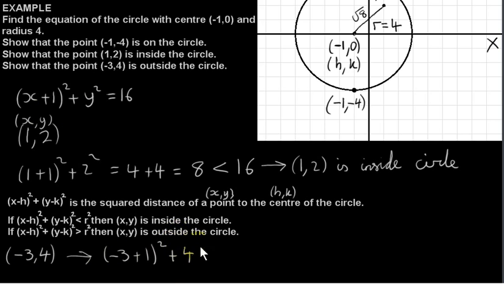For y we plug in 4. Let's calculate this. Minus 2 squared is 4, 4 squared is 16, so we get 20. We see that 20 is not equal to the right hand side, so the point (-3, 4) is not on the circle, but also 20 is greater than 16. Since we get a value that's greater than r squared, the point (x, y), in this case (-3, 4), is outside the circle.